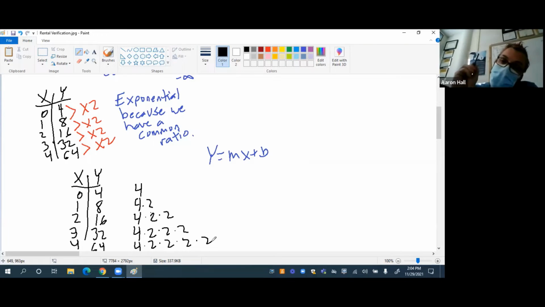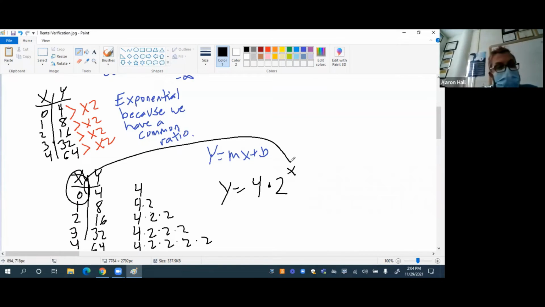So for the sequence, we could write an equation of y equals 4 times, we see that our common ratio is 2 to the power of what? Does x work? If I plug in that x of 0, does that work? If I plug in 1, does that give me my corresponding y value?